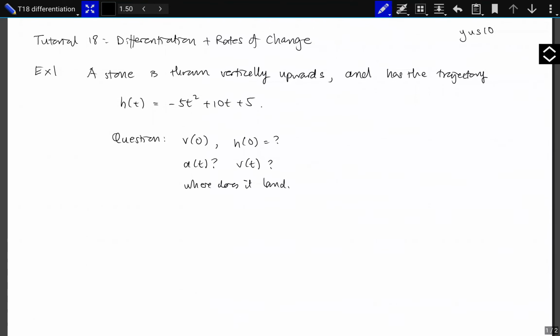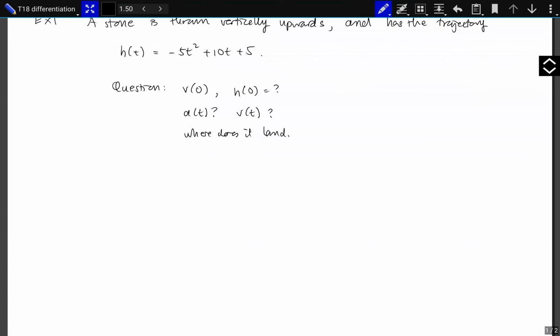If you sketch this quadratic, it looks something like this. We have time, and then we have height. We know that this can be written by completing the square, going way back to the first part of the semester.